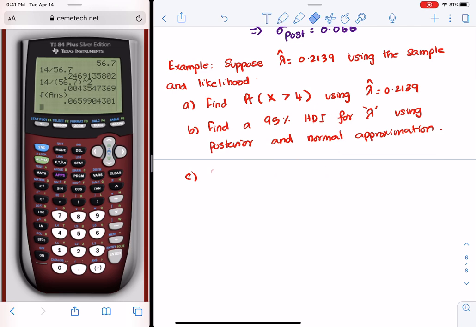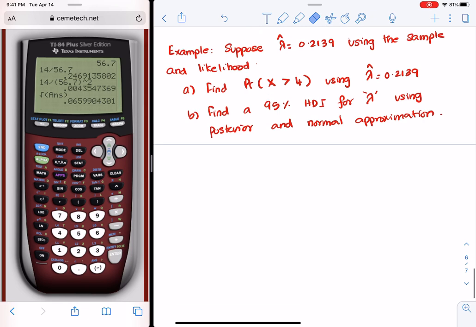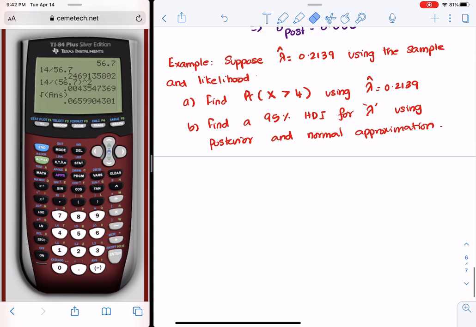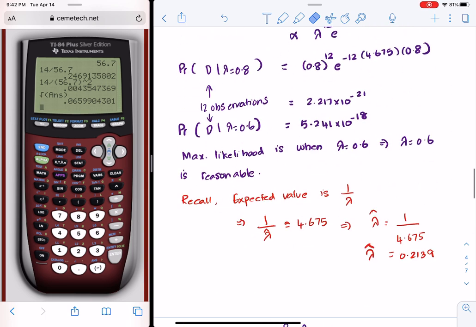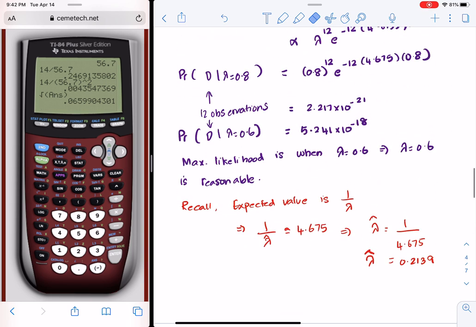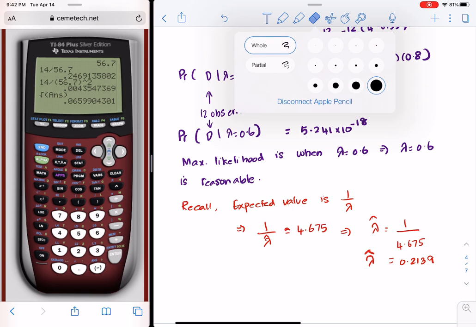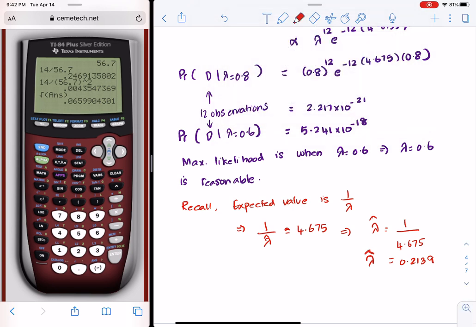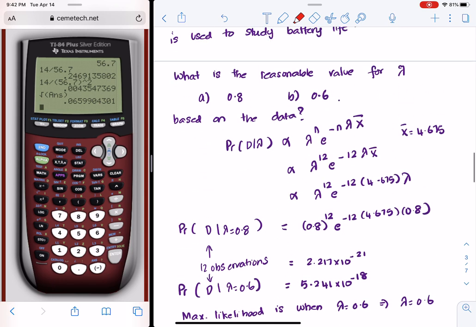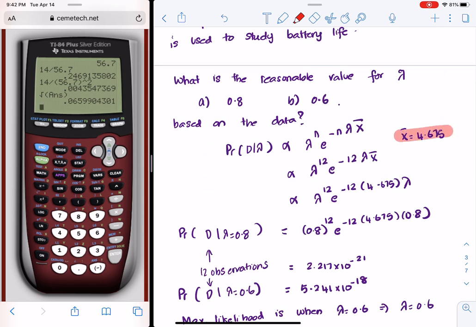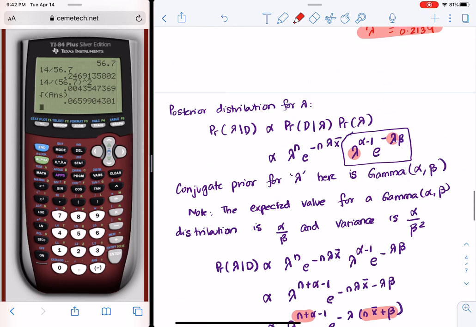Well, let me rephrase that question. I'm going to hold on to the question and ask the question later on. So what I'm stating here is, let's just forget about the posterior that we just derived, and we go back and look at the sample. We end up using the expectation of the sample, and in reality, it happens so that the value of lambda has to be 0.2139. That would correspond to an average lifetime of 4.675.